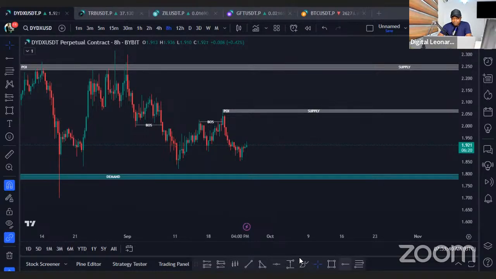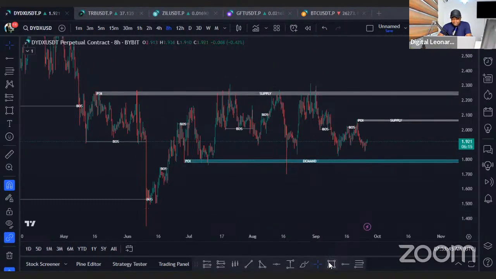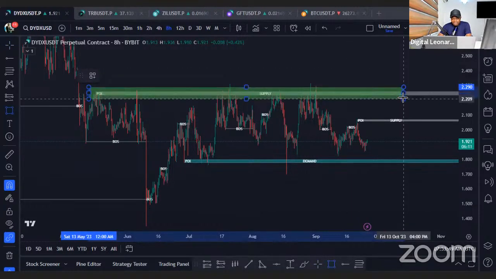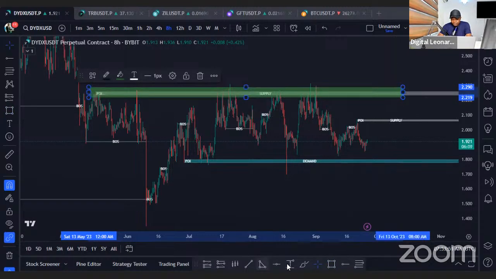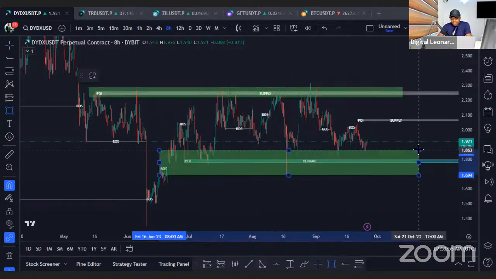But my major level on GYDX will be up here. Until we break above this level, anything up there, I'll be looking for sell. And until we break below this level, anything down here, I'll be looking for buy.